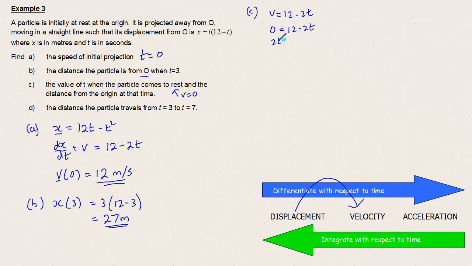So we get 2t equals 12, and therefore t is 6 seconds. We want the distance at that time. x of 6 is going to be 6 into 12 take away 6, so that's 6 times 6, which is 36 meters.